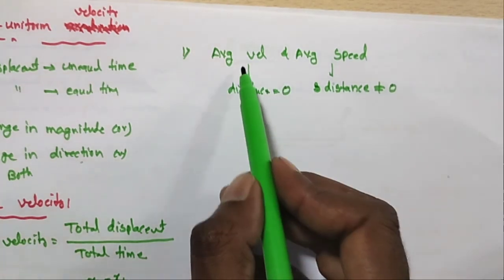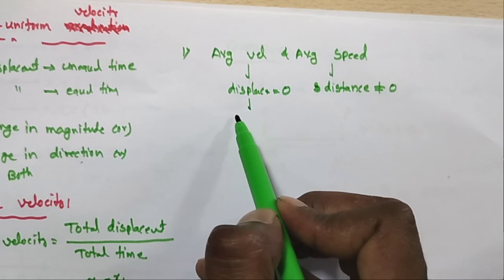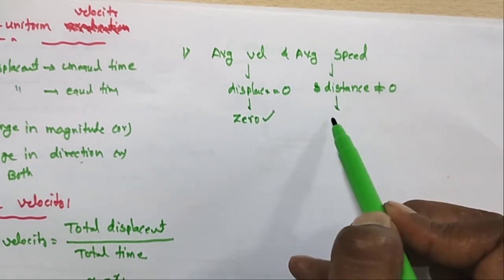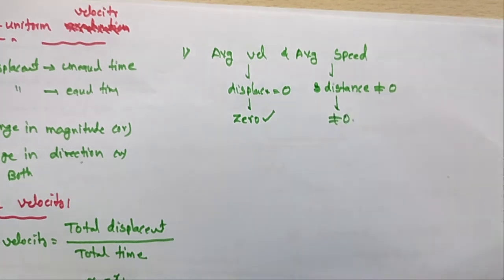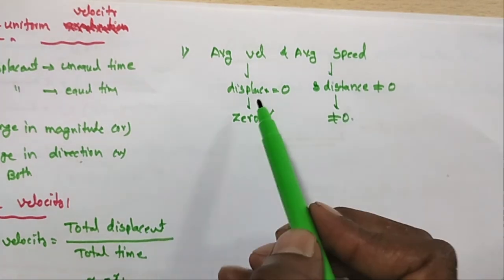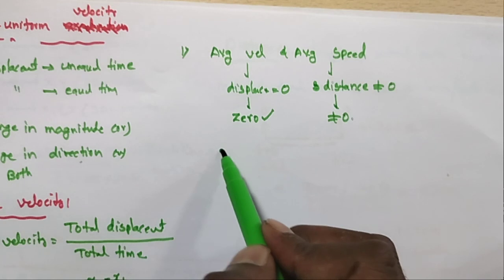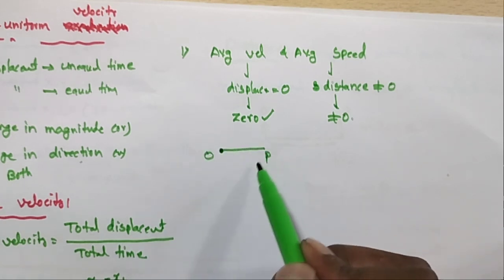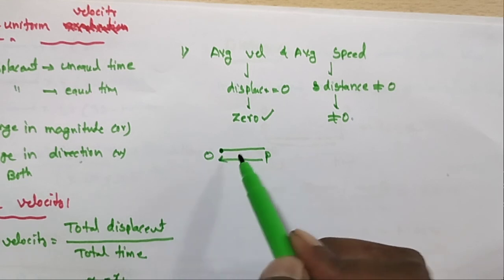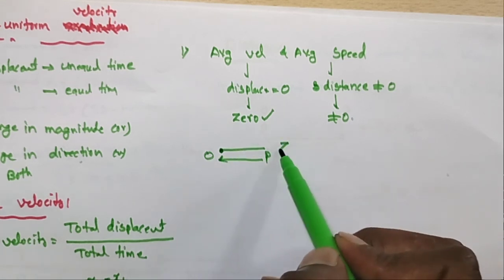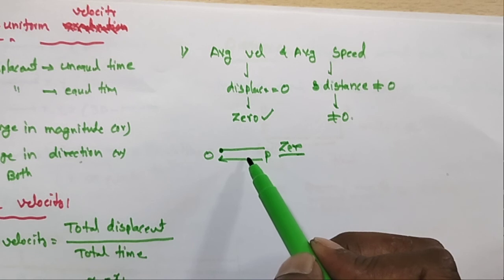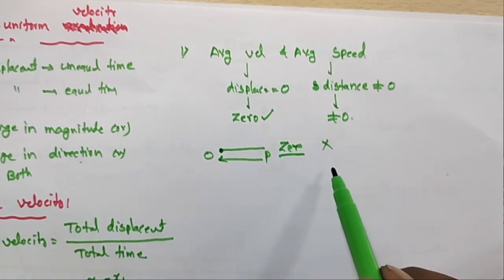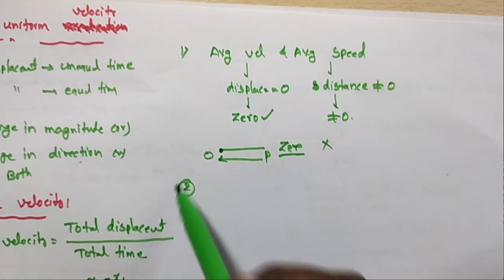Therefore the average velocity sometimes may be zero, but the average speed is not equal to zero. Suppose the particle moves from O to P and comes back from P to O. What is the average velocity? Zero, because the displacement is equal to zero. But the average speed is not equal to zero.